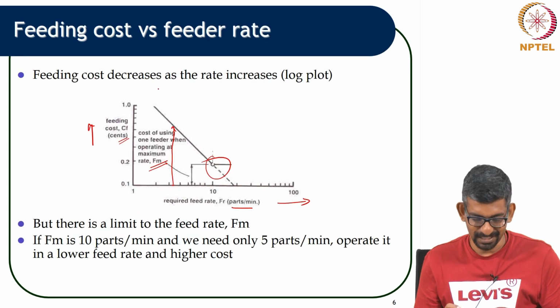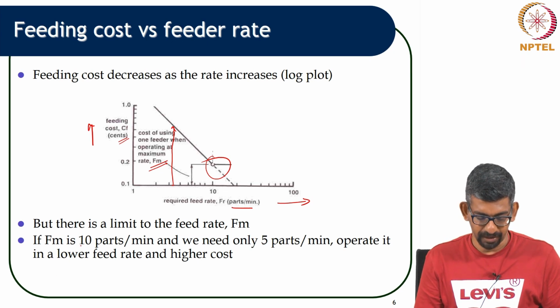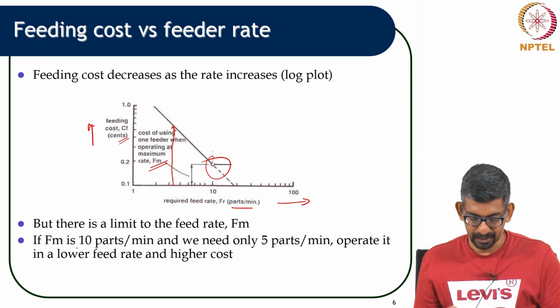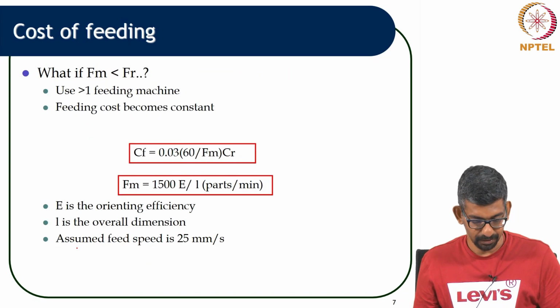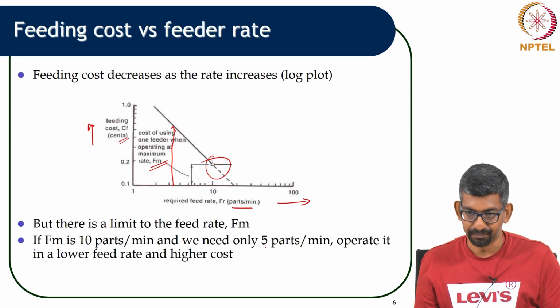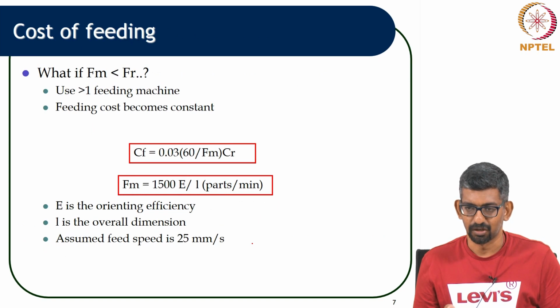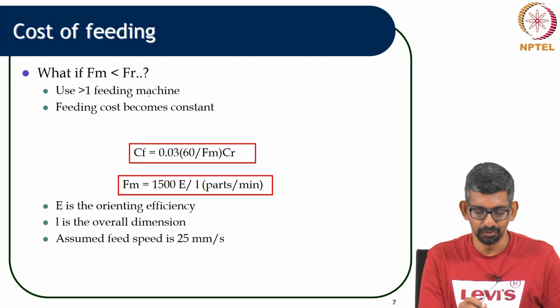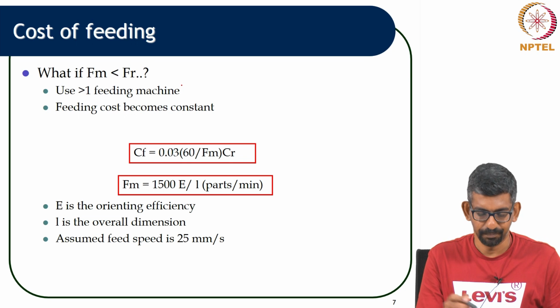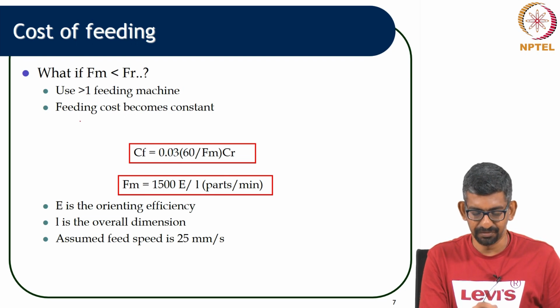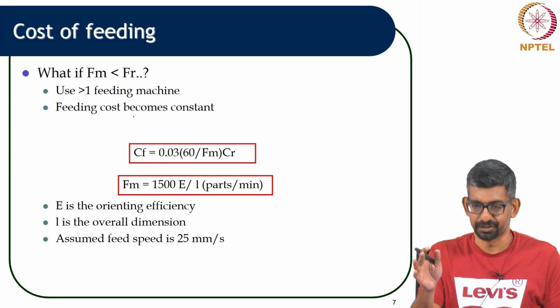Imagine that this is the other way around. Your FM is 5 and you want 10. Obviously, the only way you can do it is to use greater than 1 feeding machine. The feeding cost becomes a constant per machine.